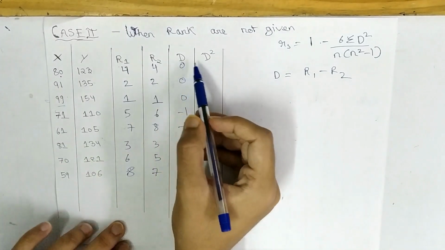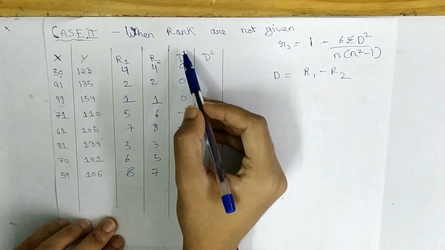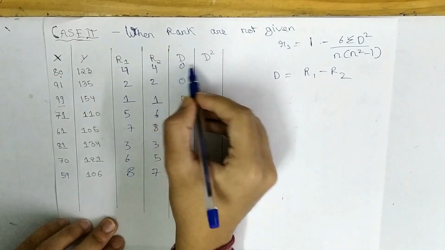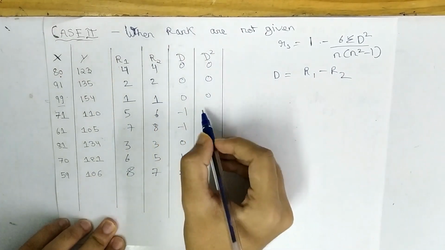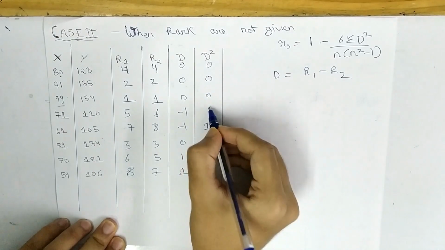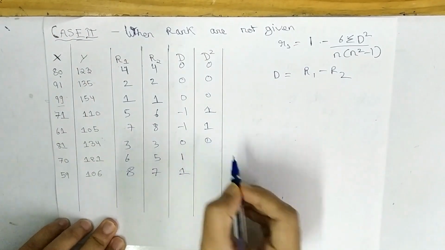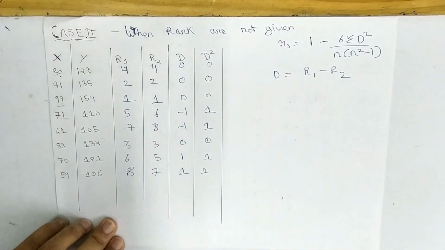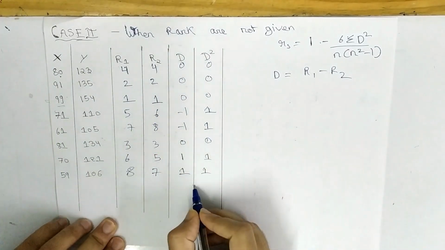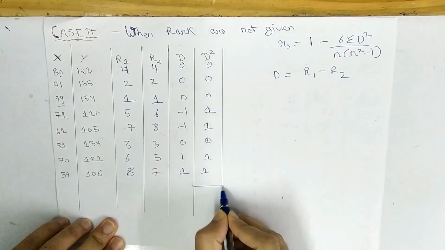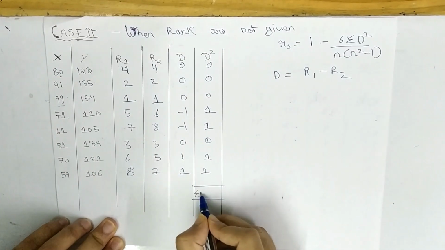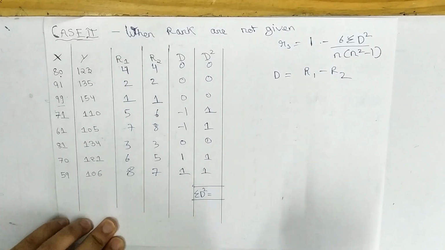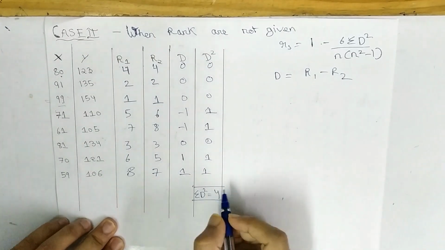Now we have to square the D column. 0, 0, 0. This is 1. This is 1. The square of 0 is 0. 1 and the 1. Now we have to add up all the D square column. So our sigma D square is 4.